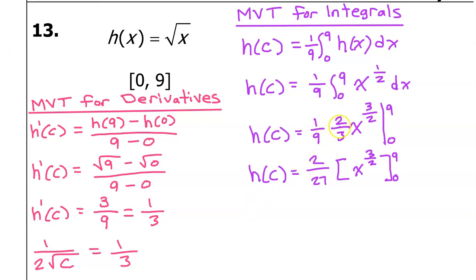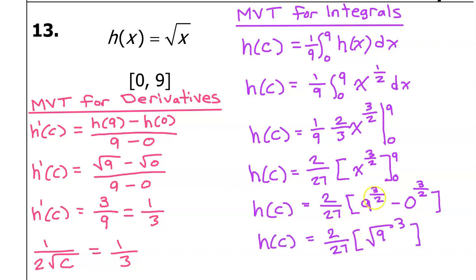Multiplying 1/9 times 2/3, we get 2 over 27. Next, I will take the x to the 3/2 power, and I will find the value at 9 minus the value at 0. 0 to the 3/2 power is just 0. But looking at 9 to the 3/2 power, 3 is the power and 2 is the root.